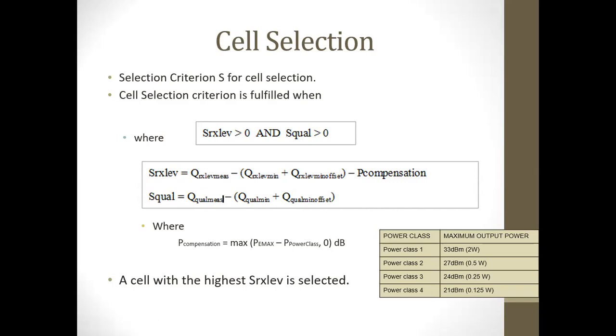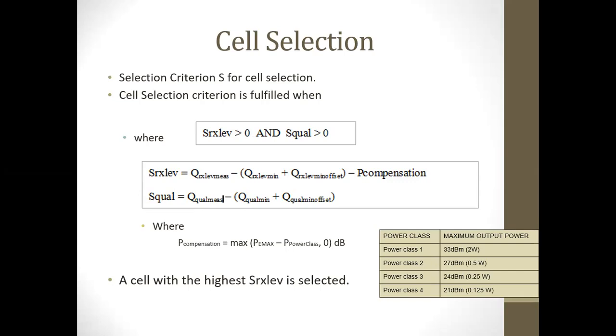If Srxlev is positive, then you are above the threshold level. The received signal strength is above the threshold level, and then you can camp on that. So Srxlev has to be larger than 0. Then you fulfill the cell selection criteria, the suitability criteria.